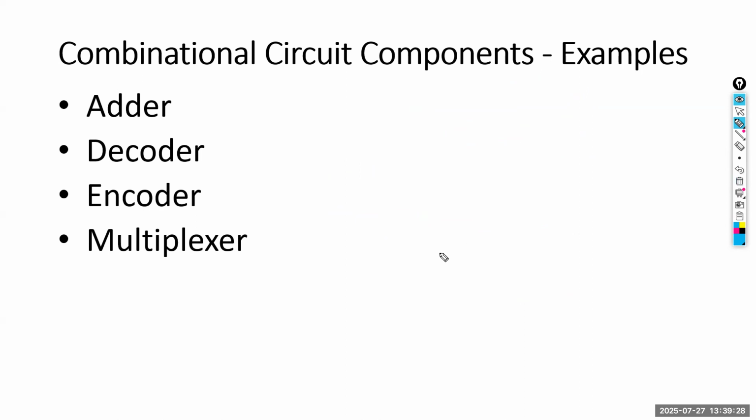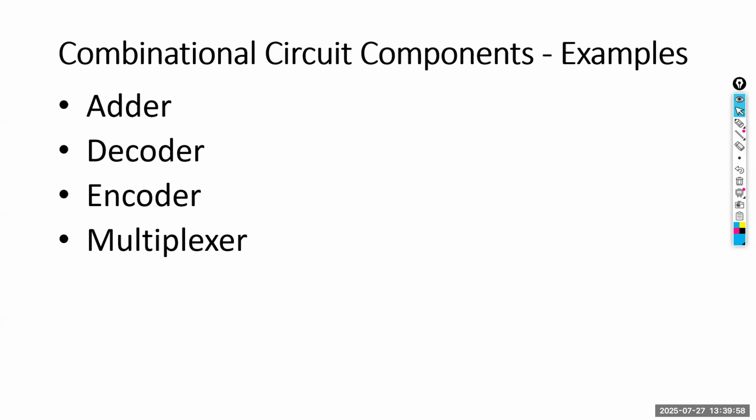But what we are looking at right now is combinational components. Combinational components are relatively easy to understand compared to sequential. So today we will concentrate on combinational components only, so that you have enough time to think about them and get ready for understanding sequential components.